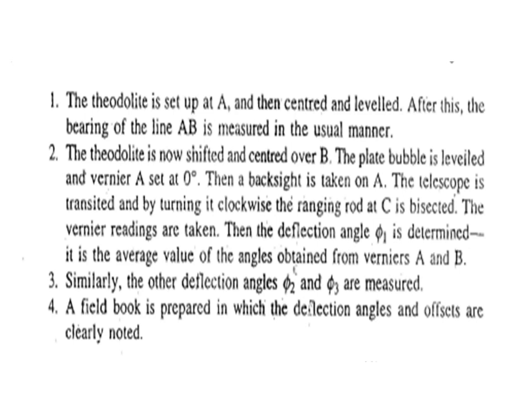Then the vernier readings are taken. Then the deflection angle phi 1 is determined. It is the average value of angles obtained from vernier A and vernier B. Similarly, the other deflection angles phi 2, phi 3 are measured. Then a field book is prepared in which the deflection angle and offset are clearly noted.